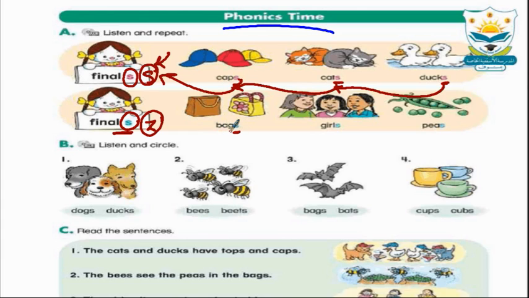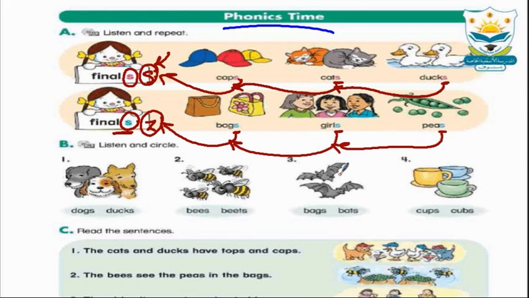Is it pronounced s or z? No, pronounced z. Bags, bags. Girls, girls, ending with s but pronounced z. Peas, peas, ends with s and also pronounced z.